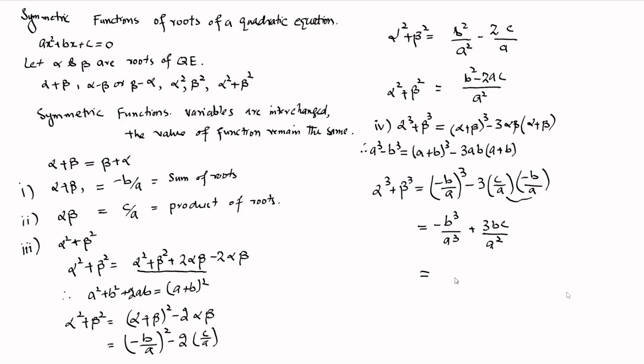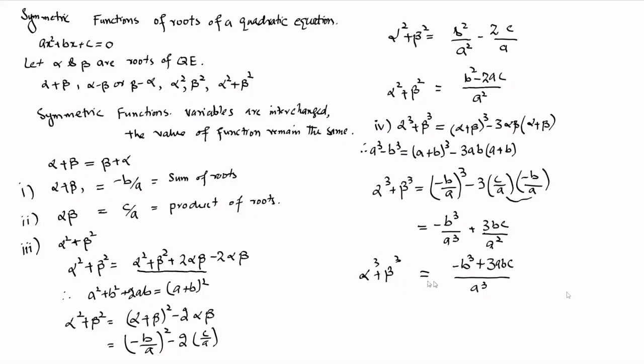Now a cube is the LCM, and a cube divided by a cube is 1, so we have minus b cube plus 3abc, since a square divided by a square is a, and a multiplied with 3bc will be 3abc. So the value of alpha cube plus beta cube is equal to minus b cube plus 3abc divided by a cube.